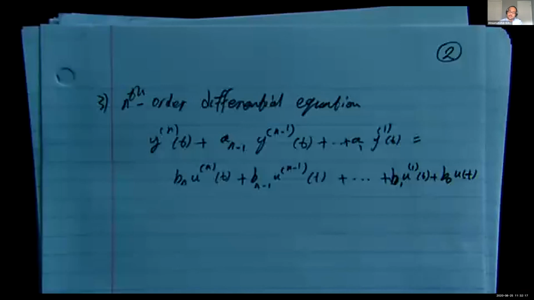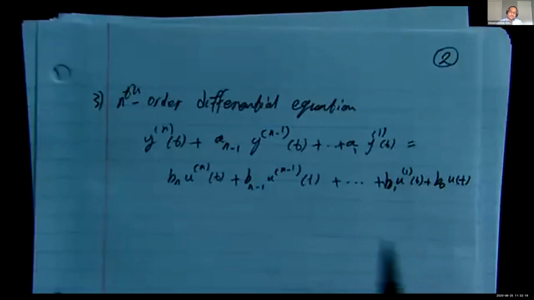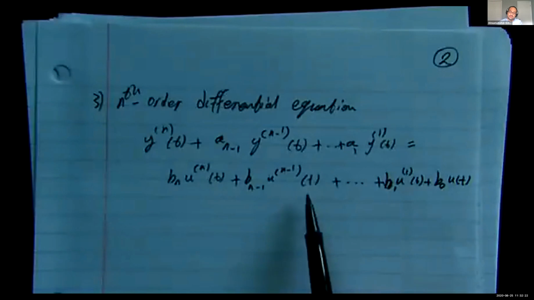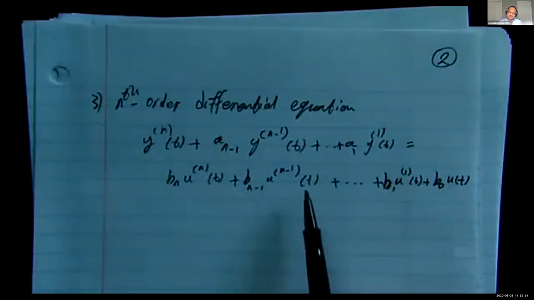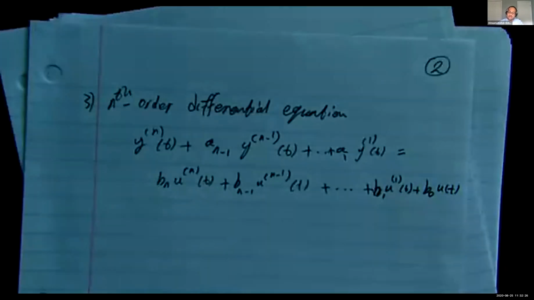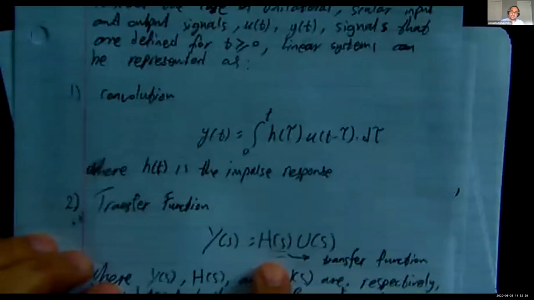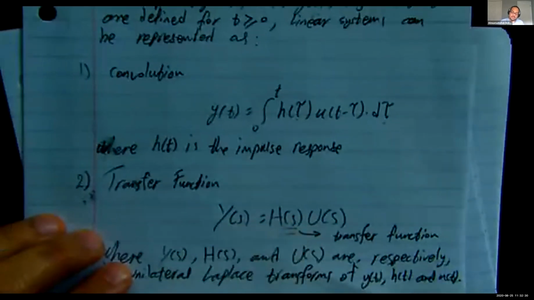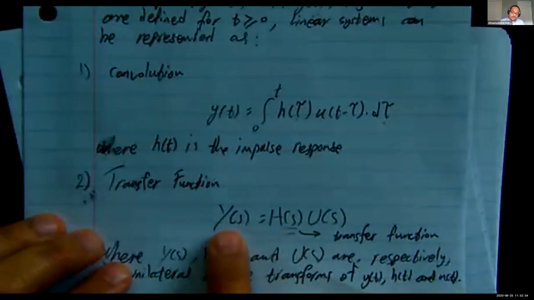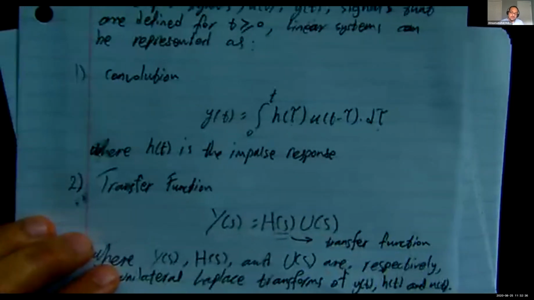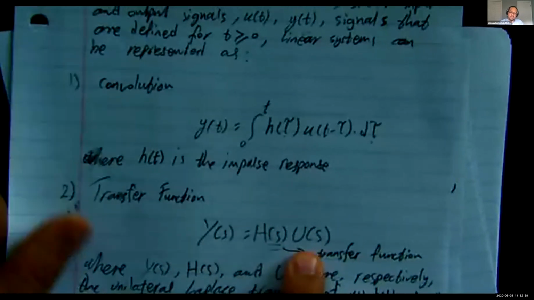Of course, we can go easily if you take the Laplace transform of this, and assuming that the initial conditions are 0, you can go to this representation here, right? You can find a representation between y, the output, and input. And this is an algebraic equation.